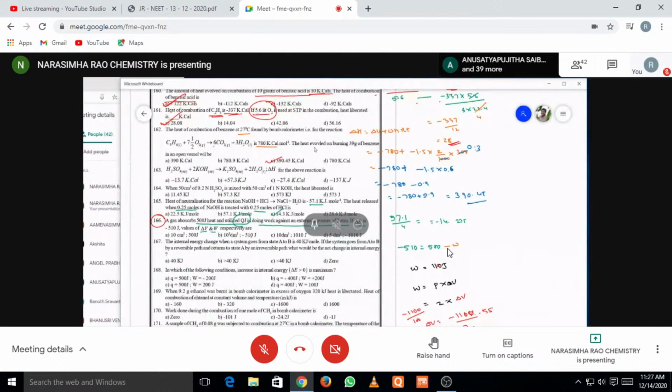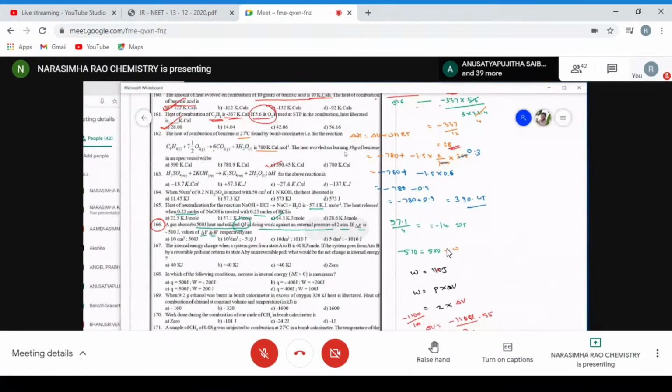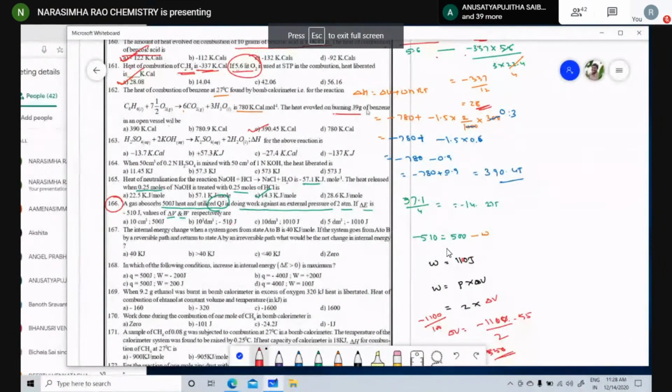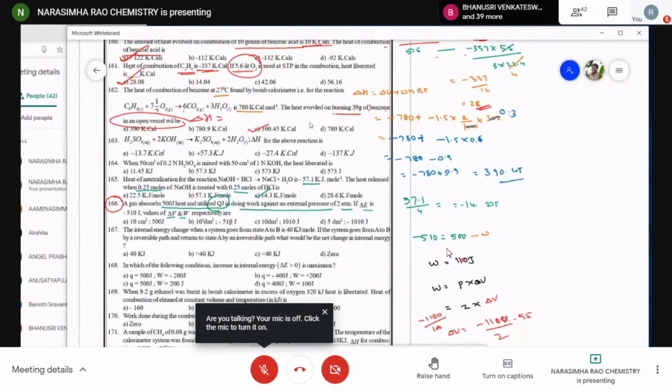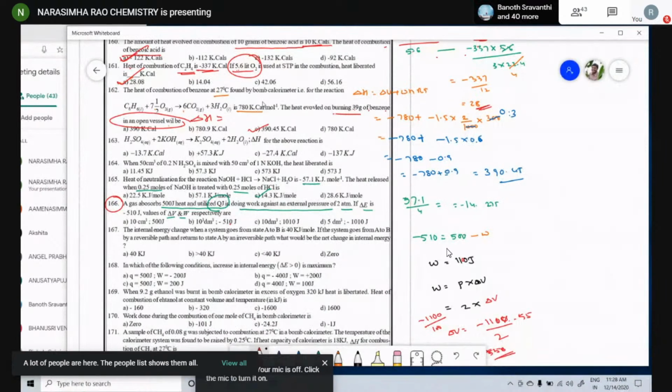So the heat evaluated by burning of 39 grams of benzene in an open vessel. Open vessel means delta H, the heat change. Now we know that delta H is equal to delta U plus delta n RT. Delta U is already given, this one, 780.